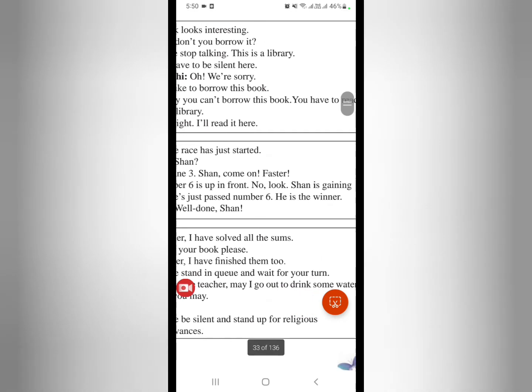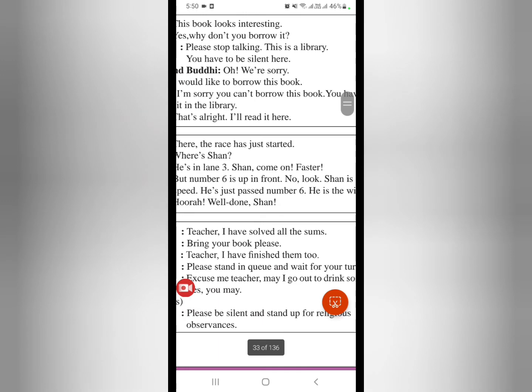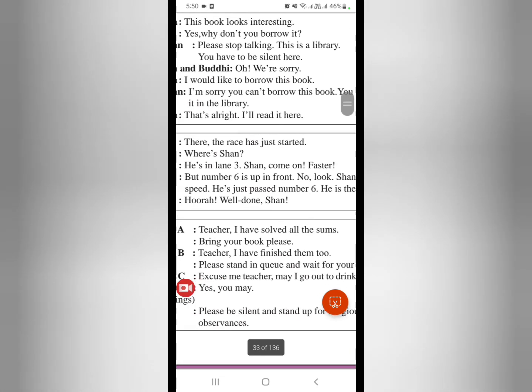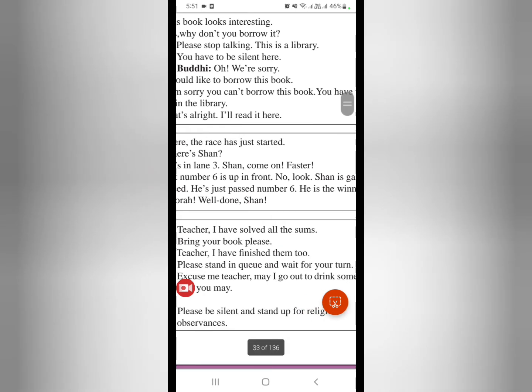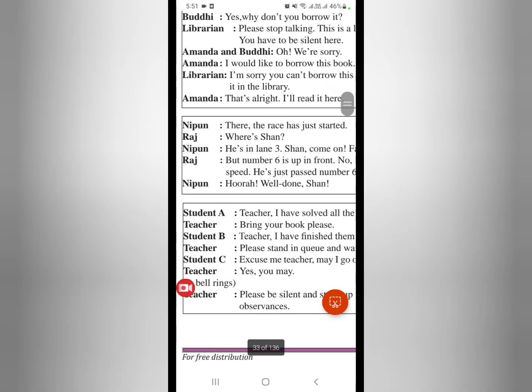No, look. Shan is gaining speed. He is just past number 6. He is the winner. Shan has gone ahead of number 6. Like that they are talking.